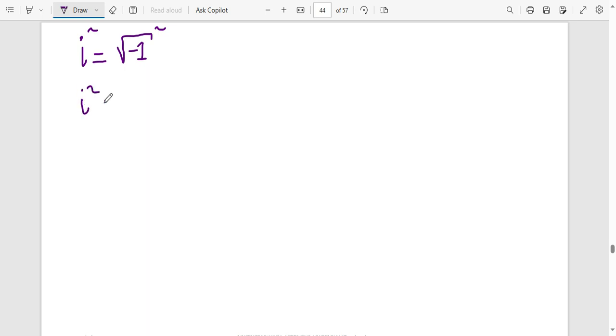So i squared is equal to negative 1. There's no square root here. I've just squared both sides.